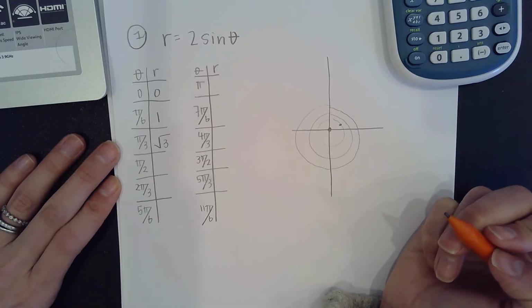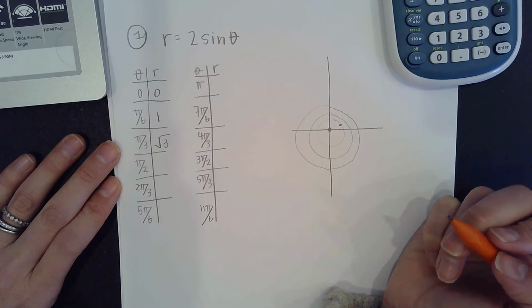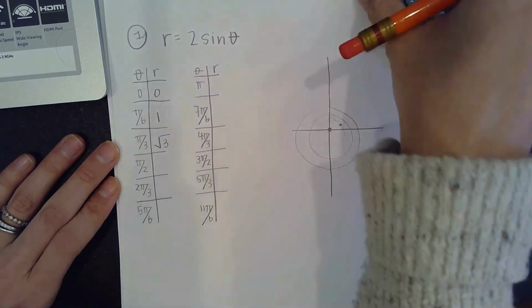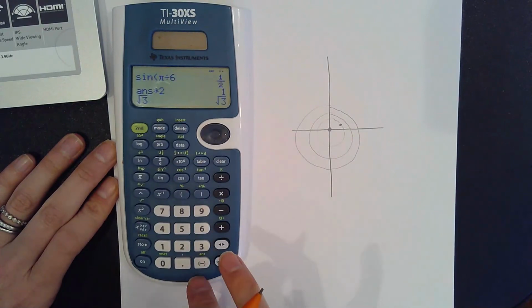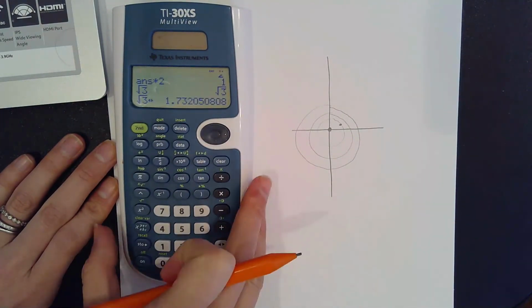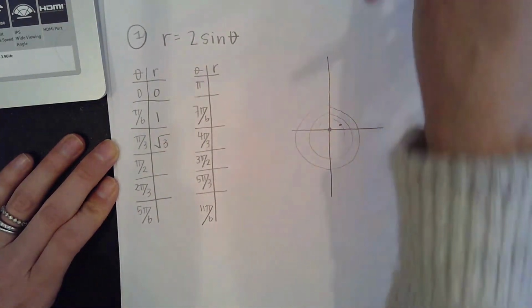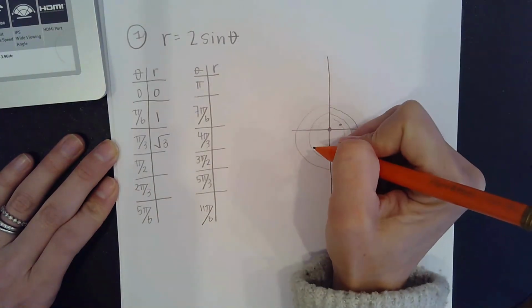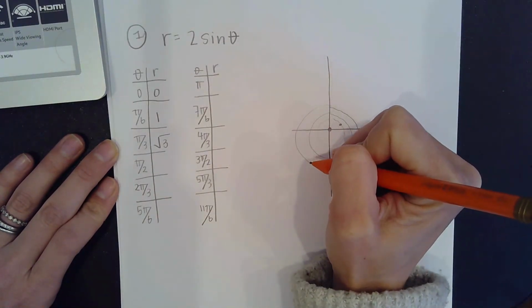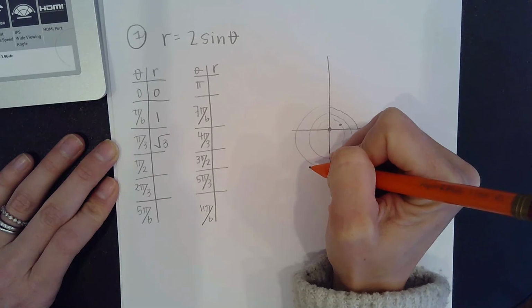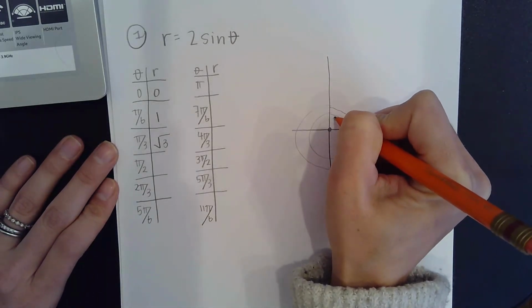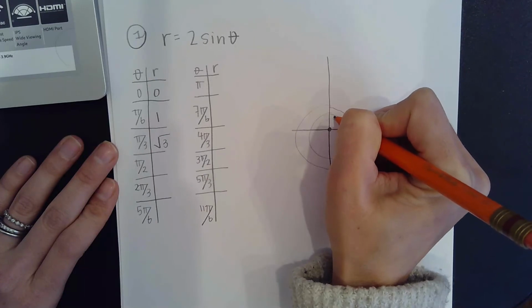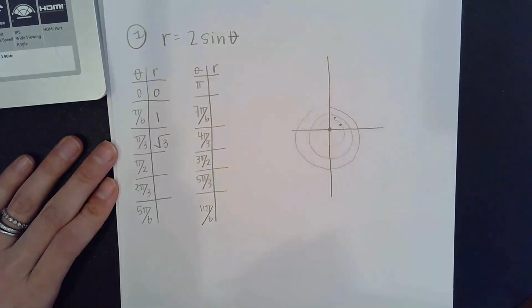Okay, square root of 3 is going to be in between where? It's between 1 and 2. So at pi over 3, we will be in between 1 and 2. So pi over 3 is about right here, about like that.